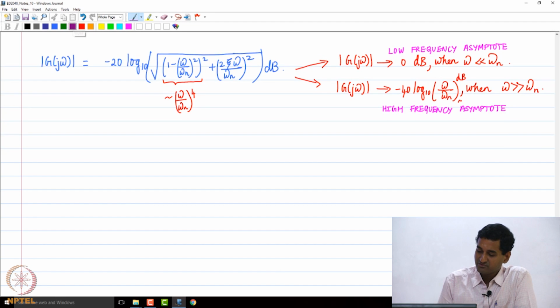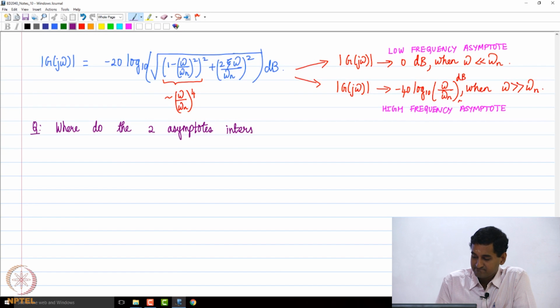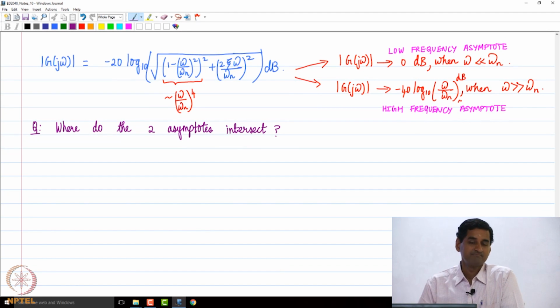Now, once again a set of questions. The first one is, where do the two asymptotes intersect each other? We can immediately figure out the answer: omega equals omega n. Why?